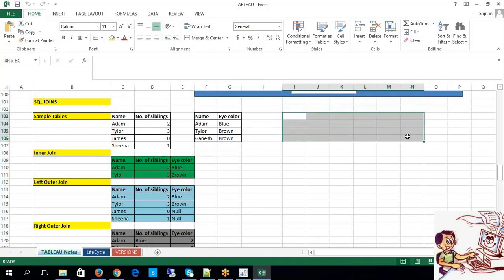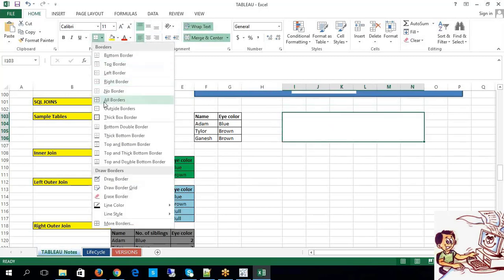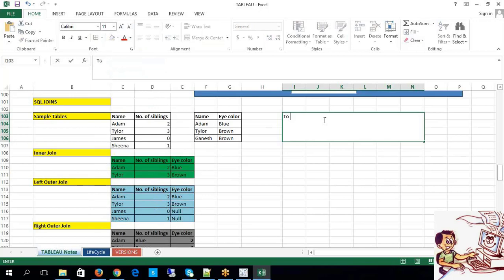So the rule here is, most of the time, to perform a relationship between the tables, we should have common columns.